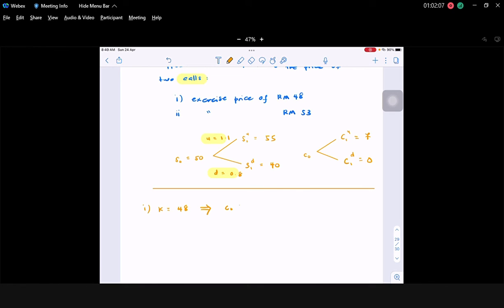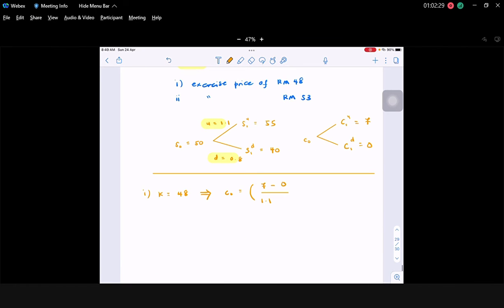Okay, so call option kita akan dapat C1U minus, subtract C1D. Okay, so just substitute dalam formula. So sekarang 1.1, subtract 0.8.